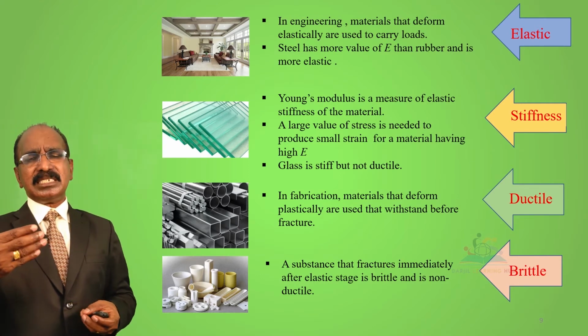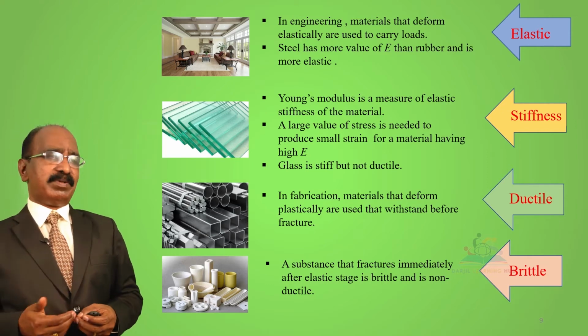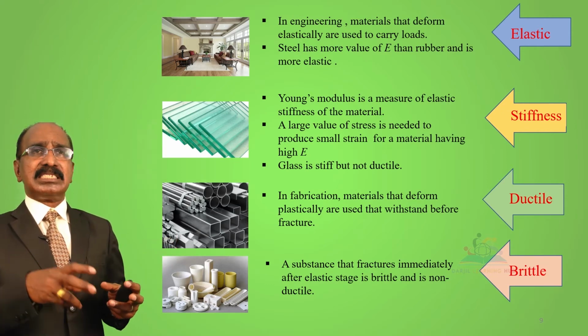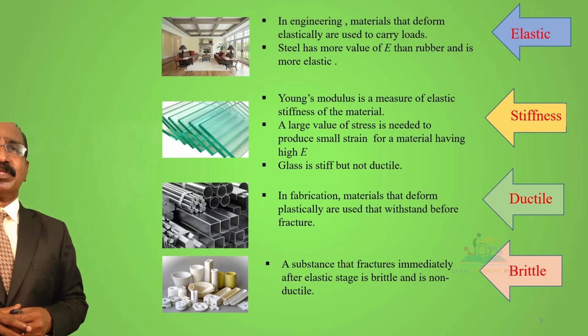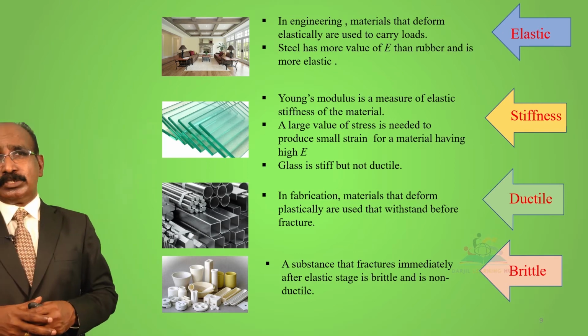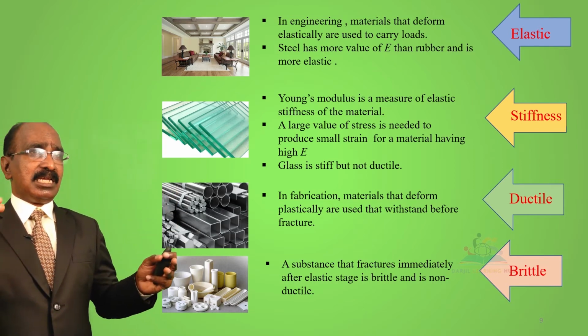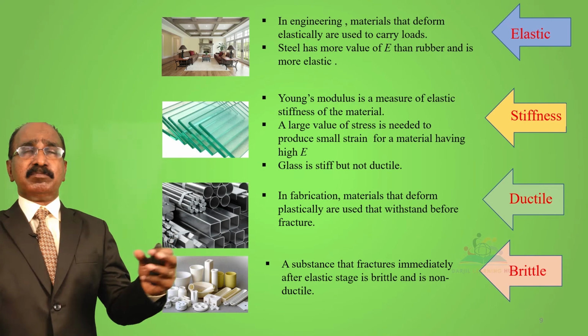Now, let me explain certain properties of the materials. In engineering, materials that deform elastically are used to carry the loads. You might have seen the bridges. You might have seen the buildings. In the buildings also you have the beams.